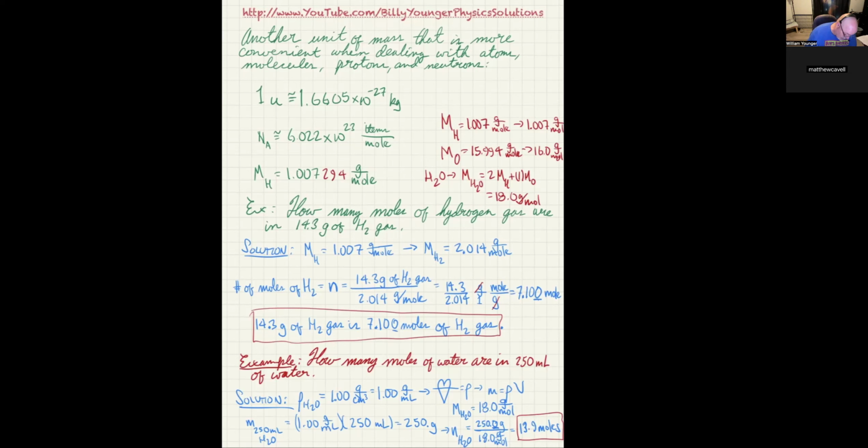Now I can go about explaining to you exactly why, if we already know Avogadro's number, you need not know the conversion for the atomic or the unified atomic mass unit. So let me explain that to you.